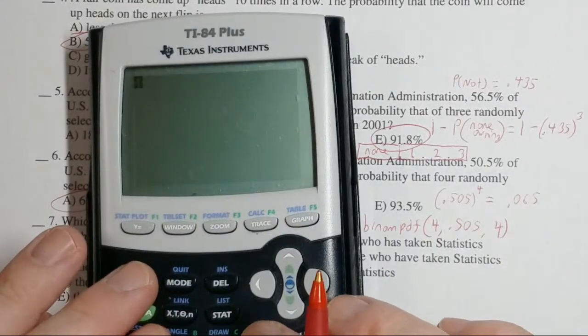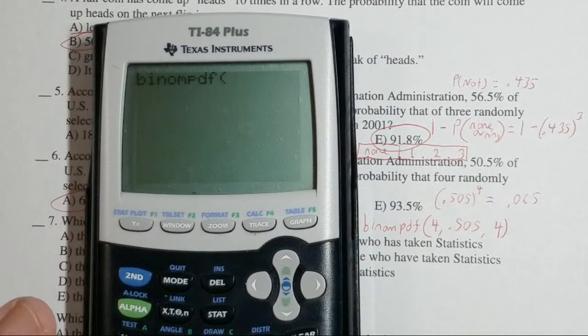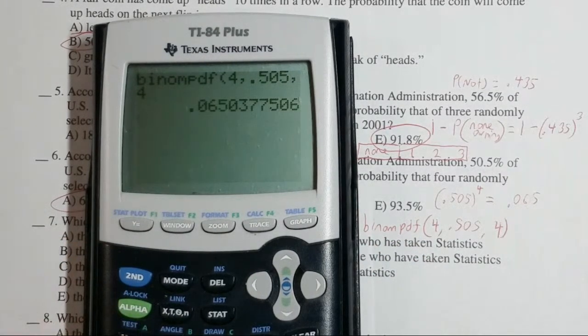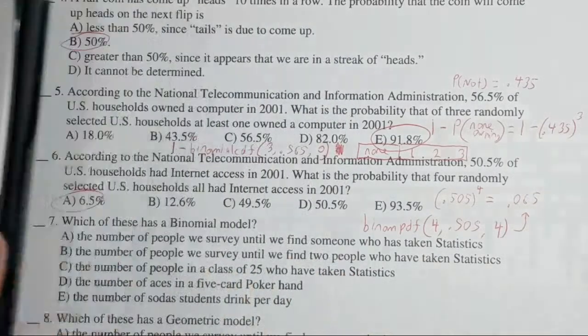If we did that, go down here, there we go, binomial PDF, 4, 0.505, 4, spits out, again, the same answer. I'm just going to put a little arrow right there.